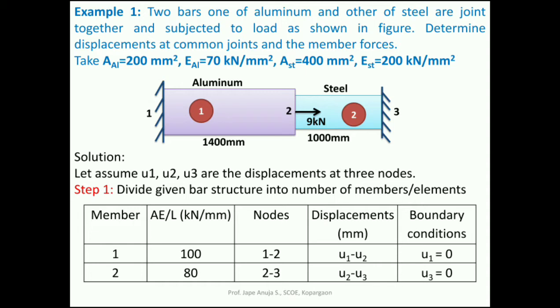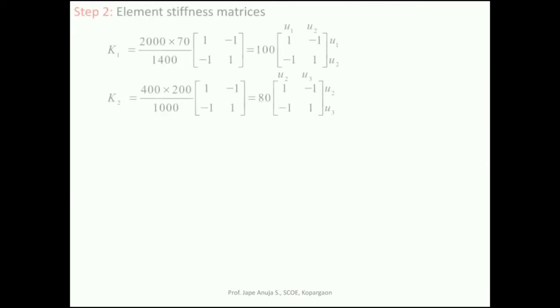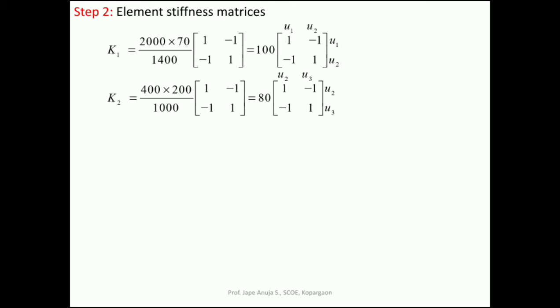Now let us see the second step, in which you write the element stiffness matrices for both elements. K1 is for the aluminium and K2 is for the steel. For K1 you can write the AE upon L factor that is already calculated in the table, or you can write the calculation here. Area of aluminium is 2000, E for aluminium is 70 and length of aluminium is 1400, into the standard stiffness matrix, AE upon L [1, -1; -1, 1].